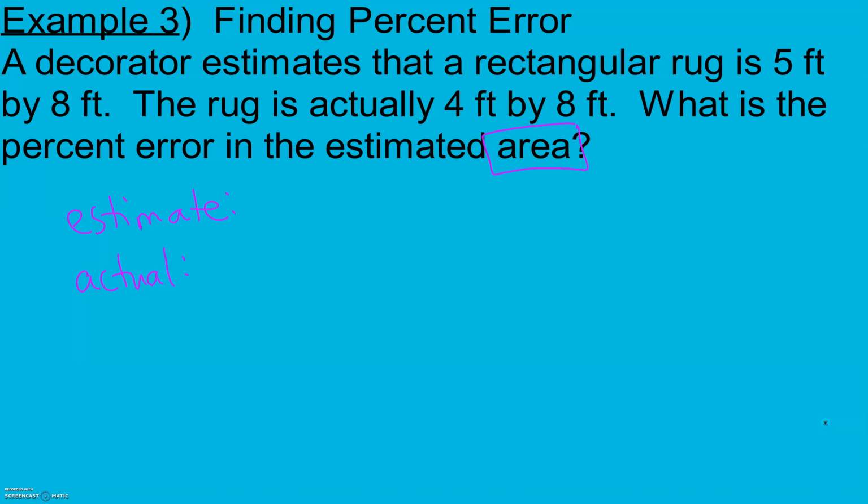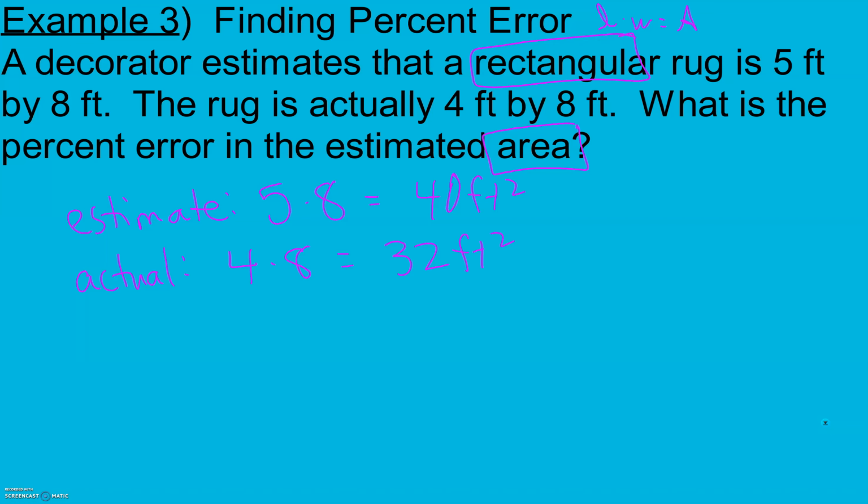So we find the area of a rectangle by taking length times width. So here it says it's 5 by 8 or 40 square feet for our estimate, but actually it's 4 by 8, which is 32 square feet.